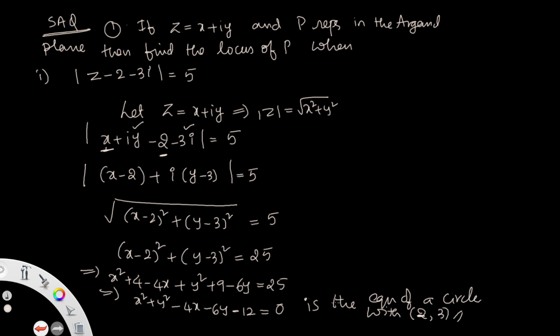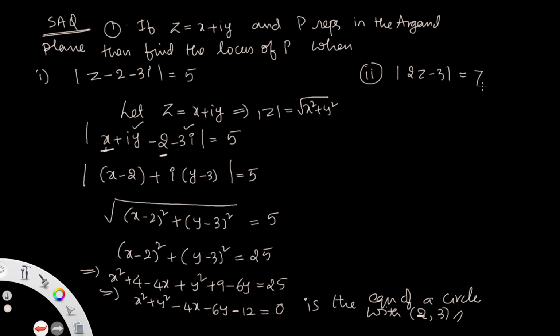In the same way, the next question is given: modulus of 2z minus 3 equal to 7. You can try it in the same way.